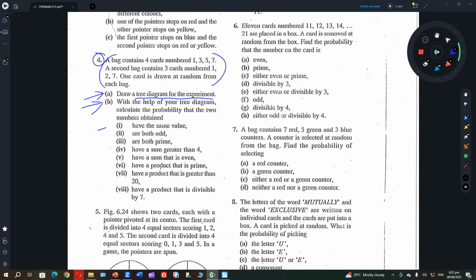Now read part number B and B part 1. B part 1 have the same value. What is the meaning of same value?